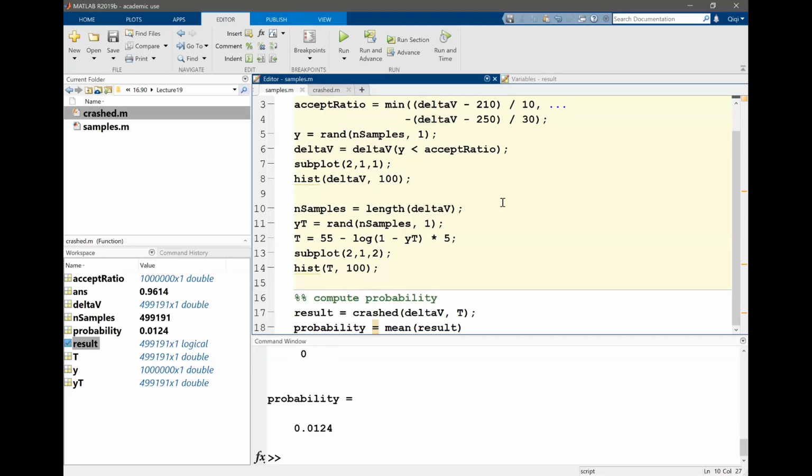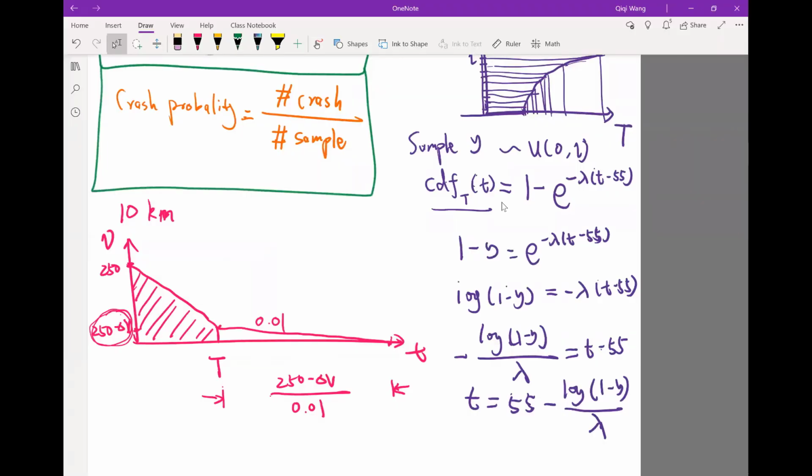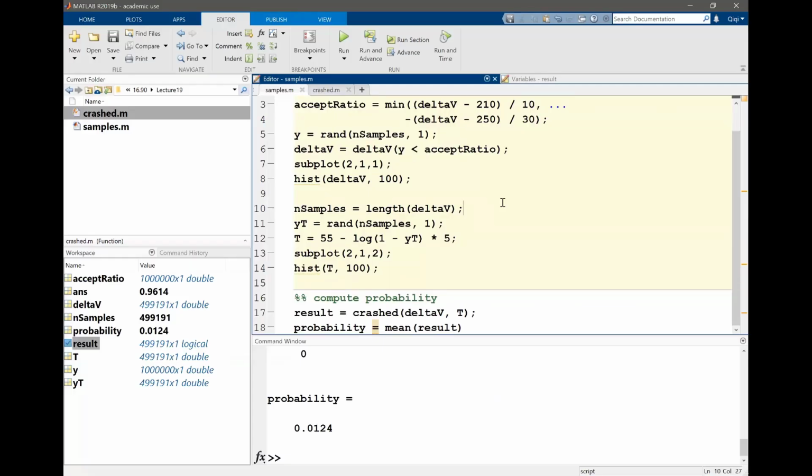So we have walked through a computation example of how to treat a probabilistic input in a very simple simulation and figure out what is the probability of some kind of undesirable outcome. And first of all, any questions on this procedure, on the example we have gone through?